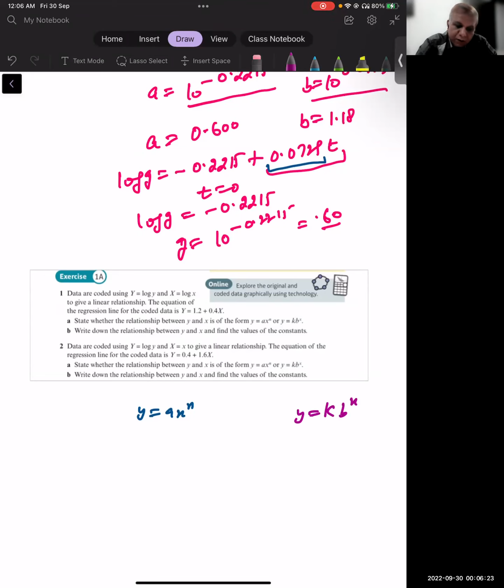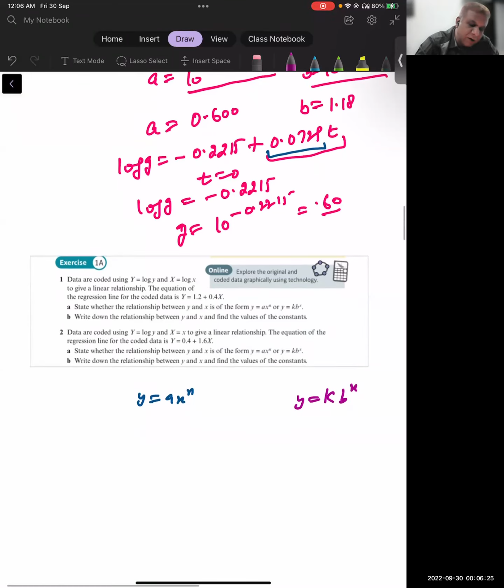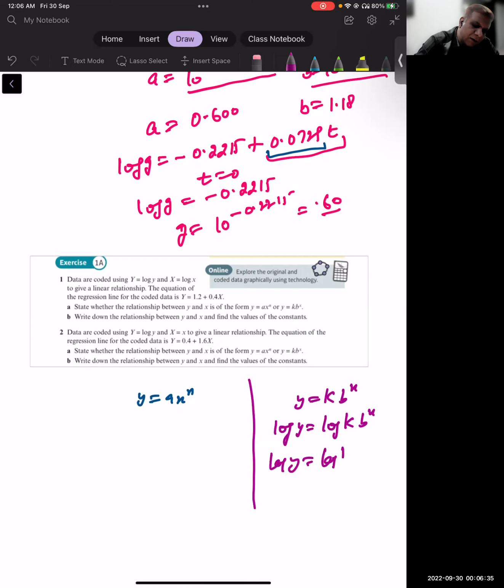Okay. So if I take log on both these equations, what will it be? If I take log here, log y is equal to log kb to the power x. Log y is equal to log k plus log b to the power x. Log y is equal to log k plus x log b.